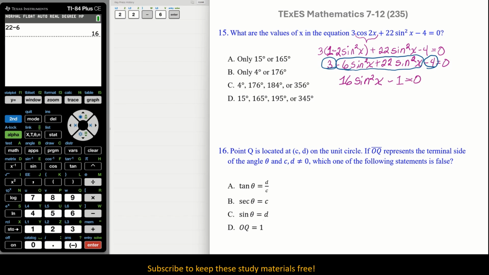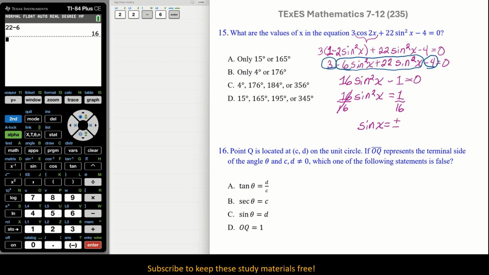So now what do I do? Well, I can say 16 sine squared x equals 1. Divide both sides by the 16. The 16 over 16 cancels. And to get sine, we will just put, we have sine x.